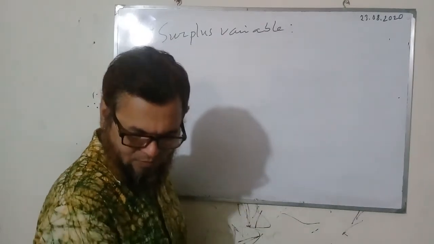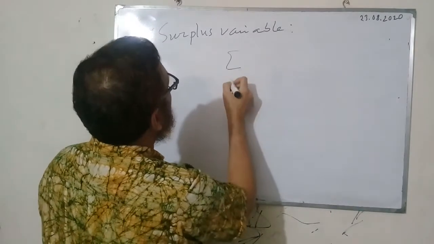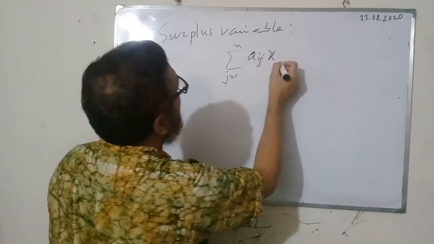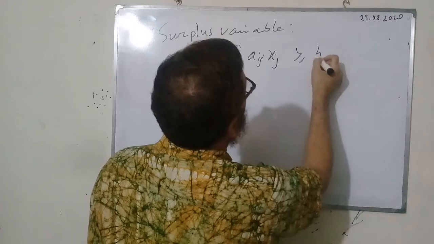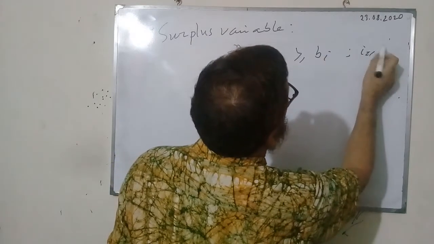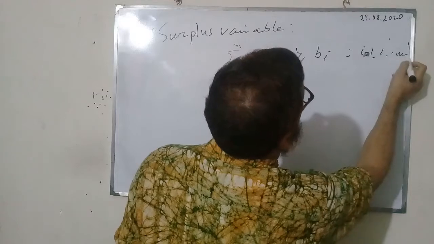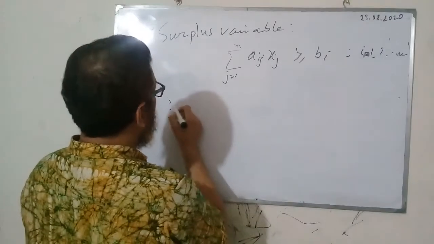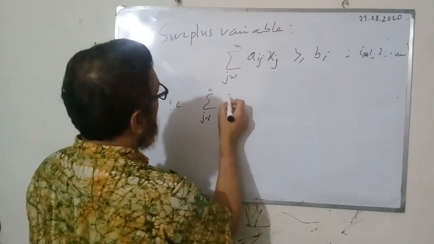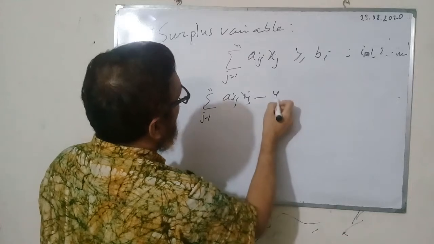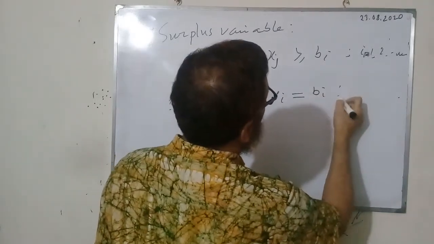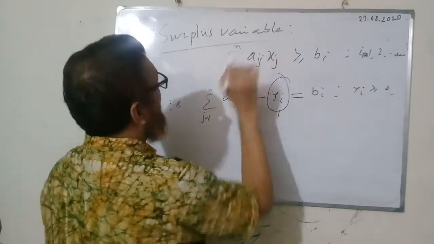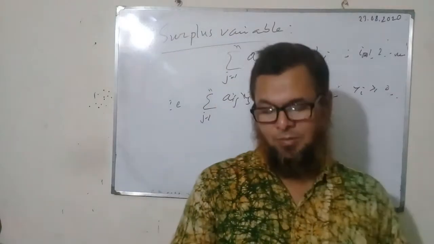If we consider our constraints aij xj greater or equal to bi, i equal to 1 to n, and we subtract some variable from the left hand side, that is, aij xj minus yi equal to bi, yi greater or equal to 0, then these variables are called surplus variables.